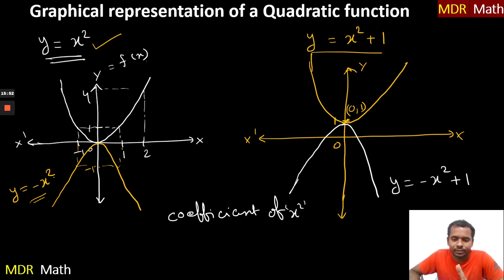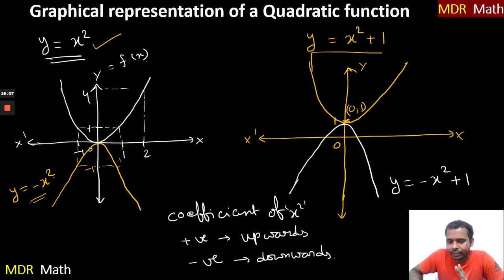One of the important things you need to understand: if the coefficient of x square is positive, it opens upwards, and if it is negative, it faces downwards.